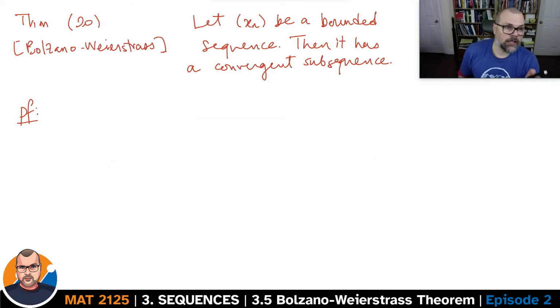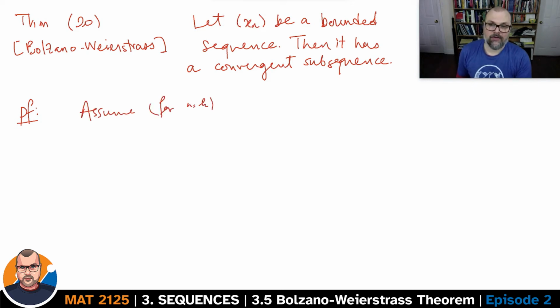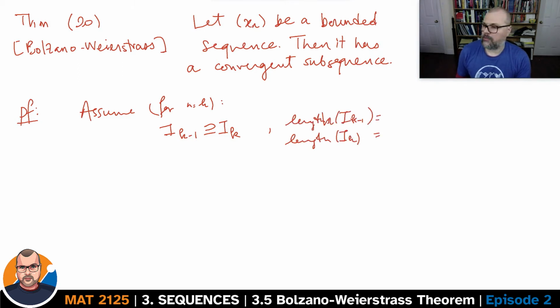What we've really done here is establish the base case, the base step of an induction process. So now we're going to assume for n equals k, we have the following. We have an interval I(k-1), which contains an interval Ik. The lengths of I(k-1) and Ik are going to be respectively (b minus a) divided by 2 to the k minus 2, and (b minus a) divided by 2 to the k minus 1.